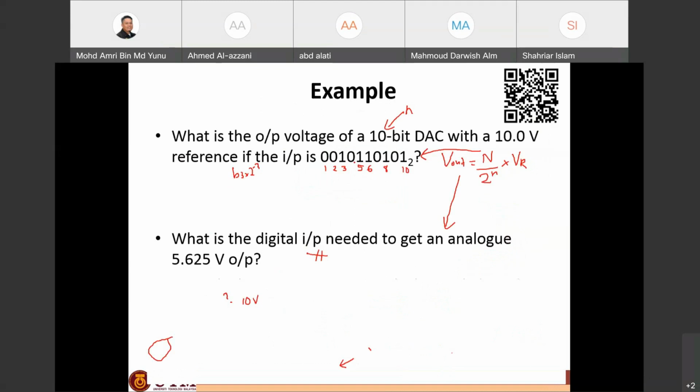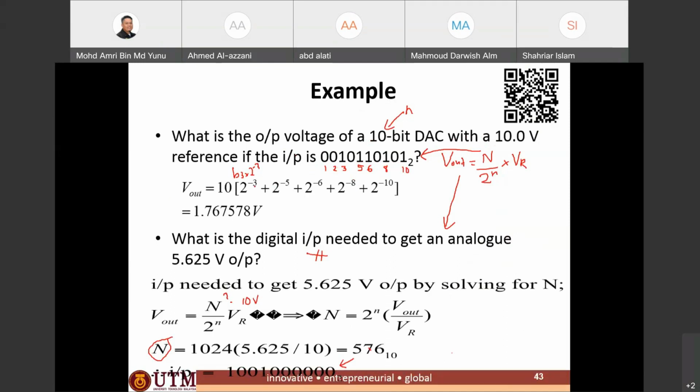Next, what is the output of a 10-bit DAC with a 10 volt reference if the input is 0010110100? We can use both formulas. Let's use the first formula, which requires summing the value of every bit place, binary multiplied with its factor, and then summing all the values.